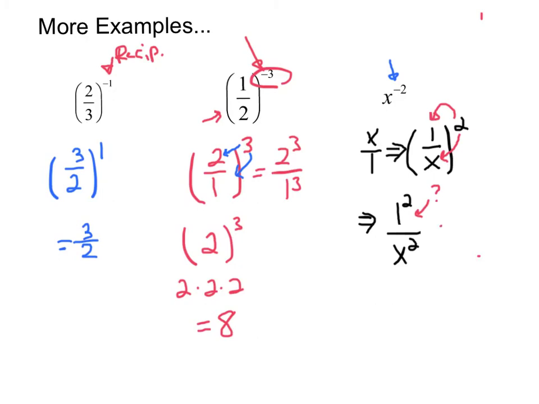Yeah, that's just 1, because it's 1 times 1. Do I know what x to the second power is, though? No, because I don't know what x is yet, so I can just leave it as x to the second power. Really all I'm doing is the same thing, it's just now I don't know my numbers. If I don't know a number, I can just leave it as the variable with whatever the exponent is.